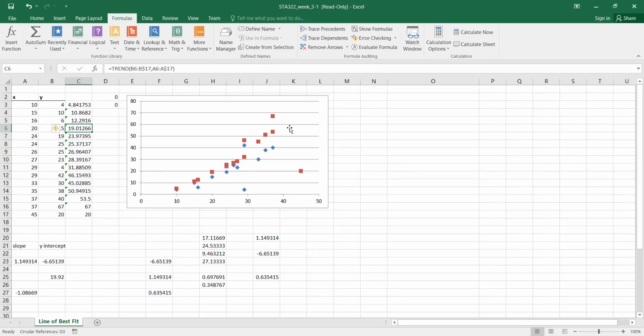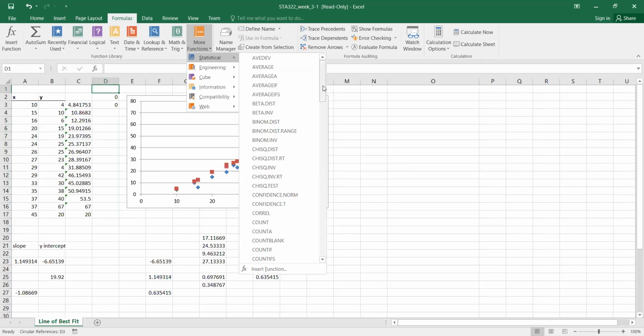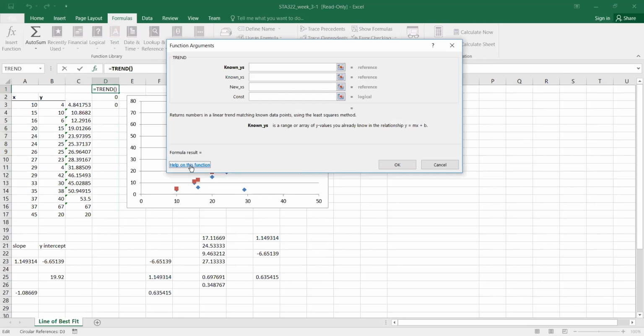But there's really, so let's go back and look at trend and see if we can get any help on this function. If it's a straight line using the least squares method of known y's and x's, returns the y values along that line for the array of new x's that you specify. Okay?